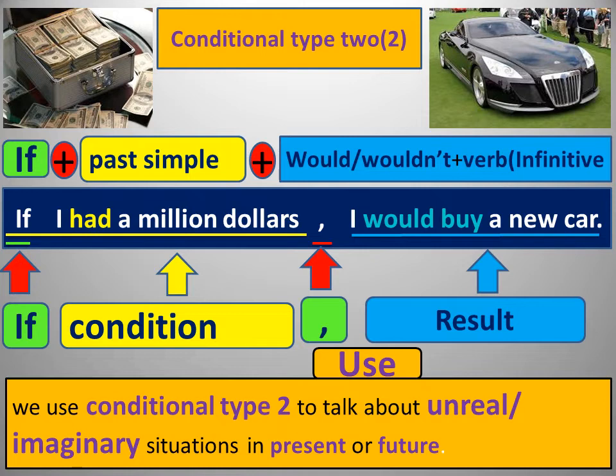I would buy a new car. So, can I buy a new car now? Of course not. Why? Because I don't have $1 million. So, just imagine I have $1 million, and the result then would be to buy a new car. Okay?